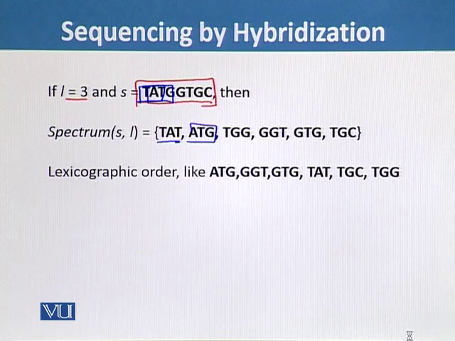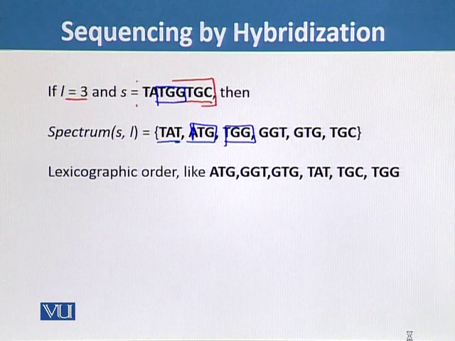Then we start from the third nucleotide, T, and get TGG, and so on. We get GGT, GTG, and we reach up to TGC. So this is the spectrum S_L we obtain from this superstring.